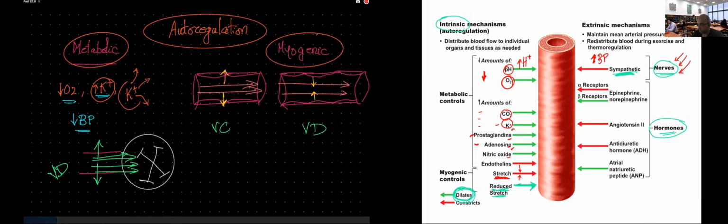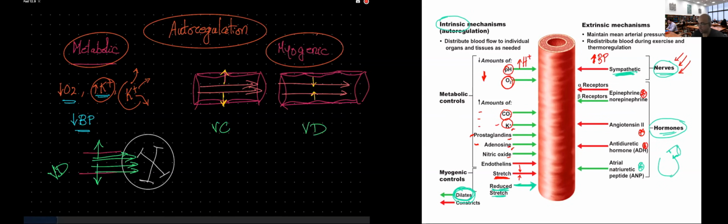Hormonal control, remember, epinephrine, norepinephrine, angiotensin II, and antidiuretic hormone, all of them are going to be increasing the blood pressure by performing a vasoconstriction, compared to the atrial natriuretic peptide, which is released from the heart. Remember, the heart is willing to reduce the afterload.